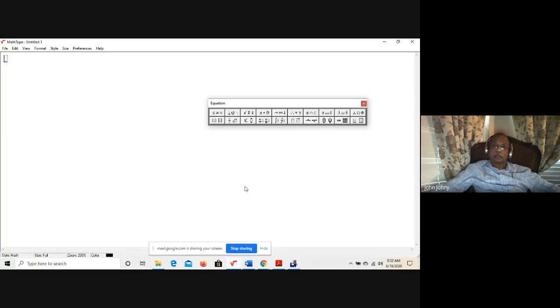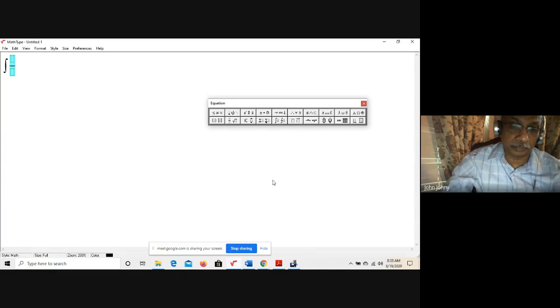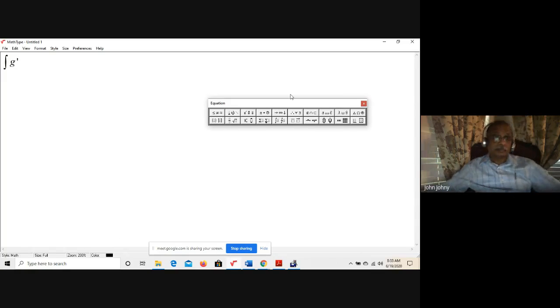Integral g prime x, g prime divided by g.